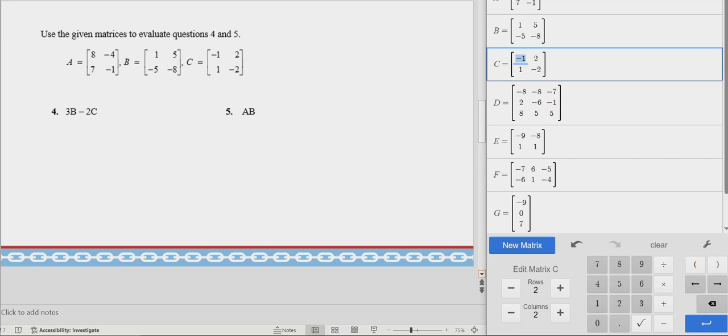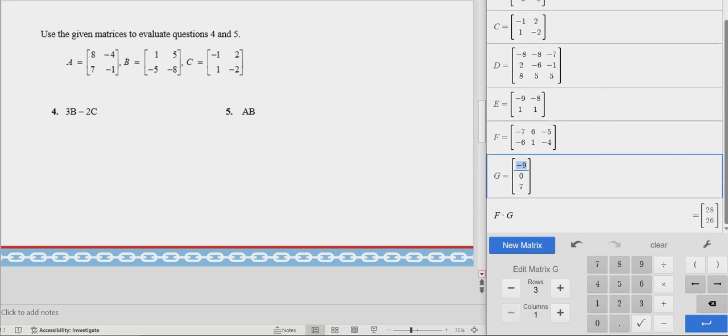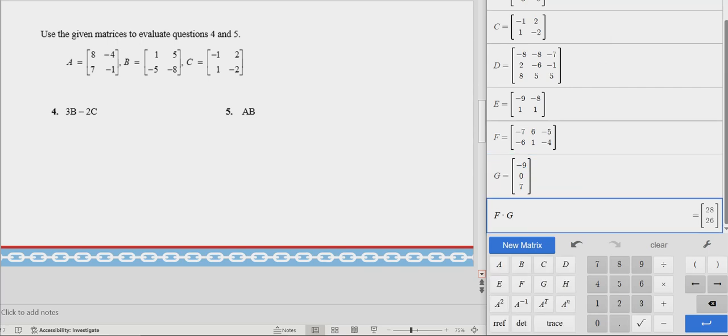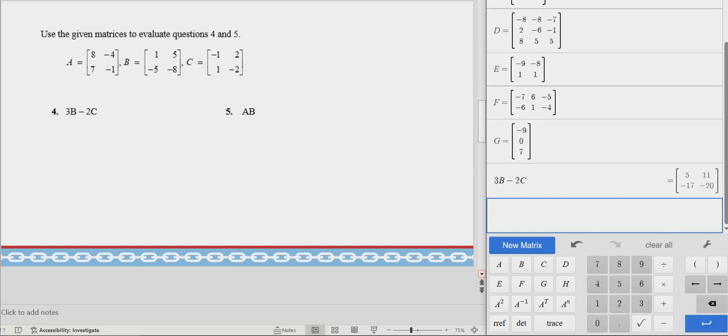And then when it is time to do your multiplication, right, for number 4, I can just type in 3B minus 2C, and I get that 2 by 2 matrix that I can just copy in.